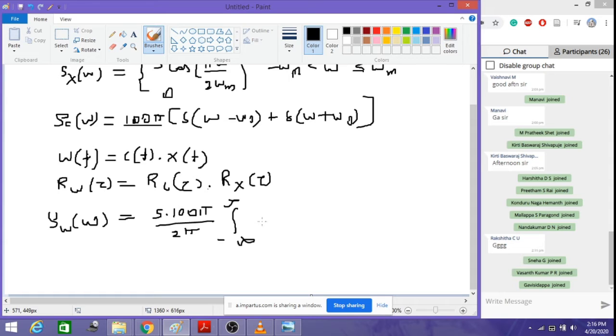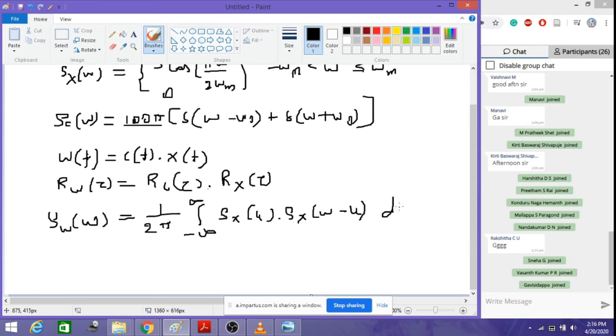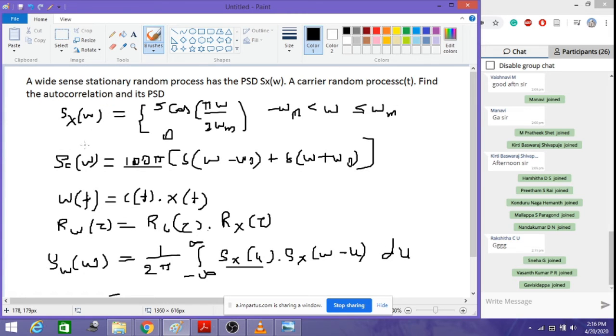It looks like the convolution equation here. Let us write the equation before going straight to this. This is 1 by 2 pi into integral from minus infinity to plus infinity of S_X of u into S_X of omega minus u, du. So this is the actual equation. Now we are going to substitute in this case. S_X of u we are going to find here, in terms of its Fourier transform.